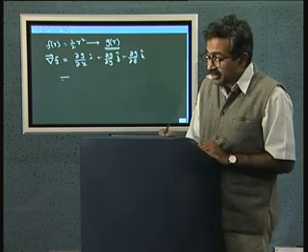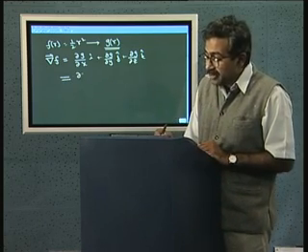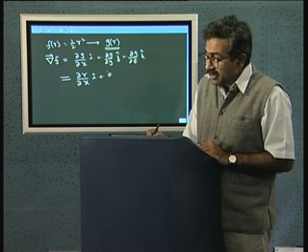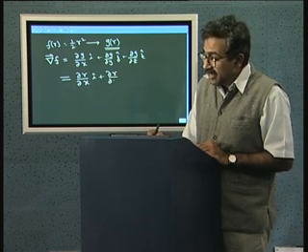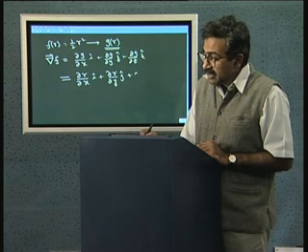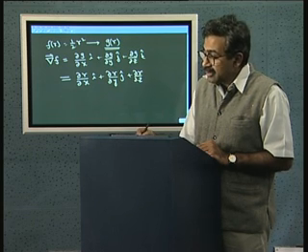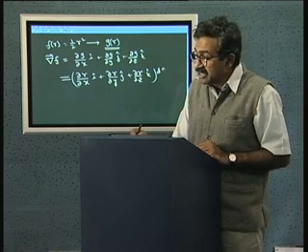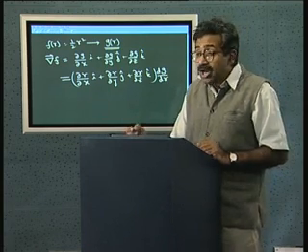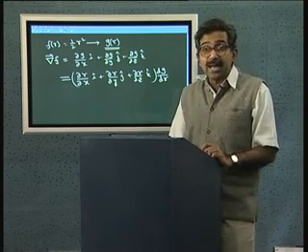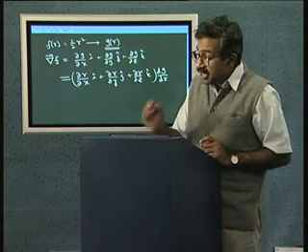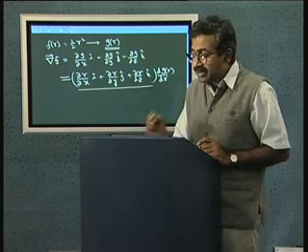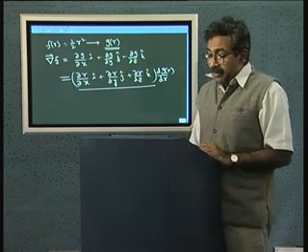This object is nothing but delta r by delta x i cap plus delta r by delta y j cap plus delta r by delta z k cap multiplied by simply dg by dr. The partial derivative gets replaced by the ordinary derivative, and the vector nature is sitting here. So please simplify this.